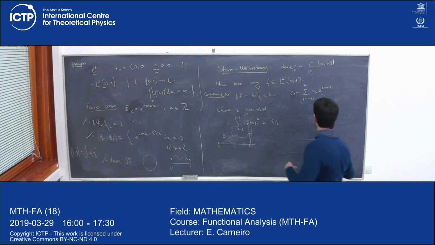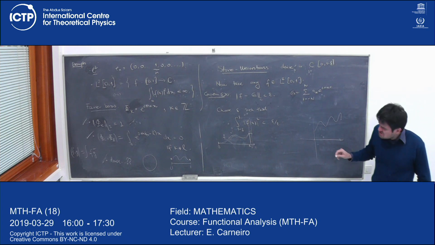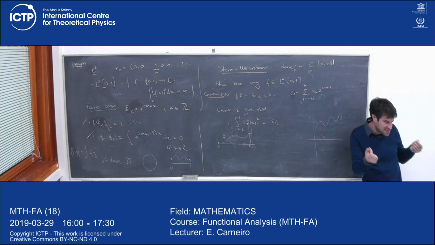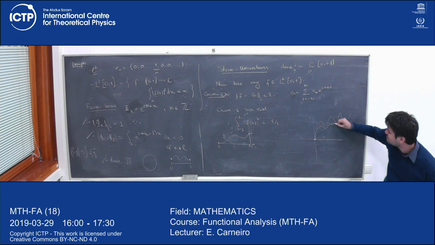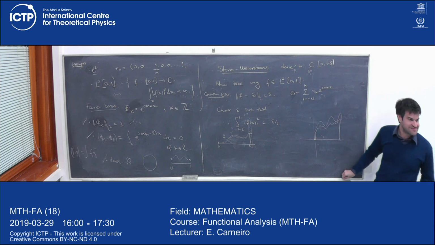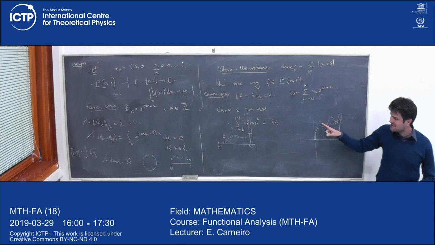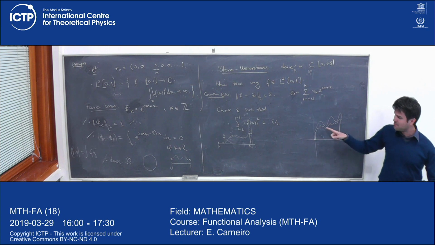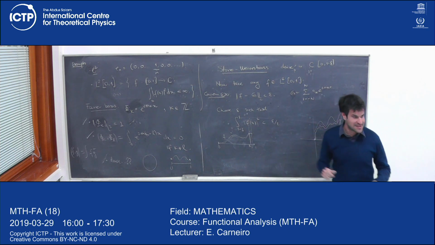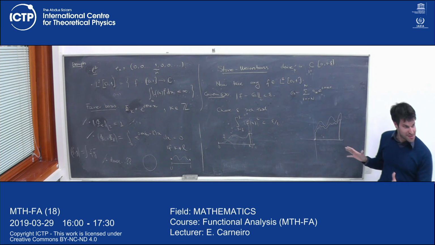Because if you get any sort of function in L2, crazy as it is, you can approximate it by a continuous function that is 0 at the endpoints. It doesn't seem to be too much of a problem, right? So the idea is to start with any L2 function, and then you approximate it by a continuous function in the L2 norm that is 0 at the endpoints, and then you approximate this continuous function by some guys in that form. Okay? Does this seem a reasonable plan to you?